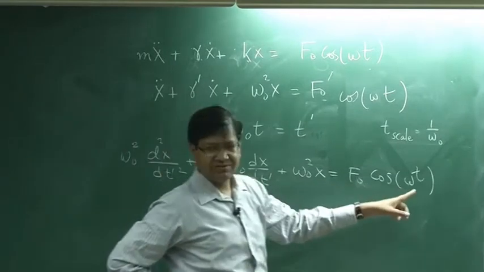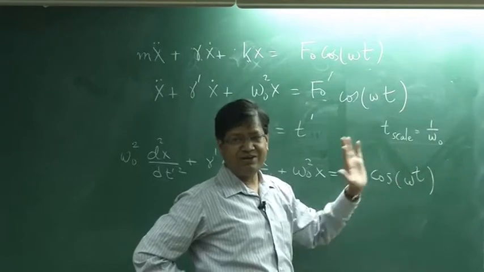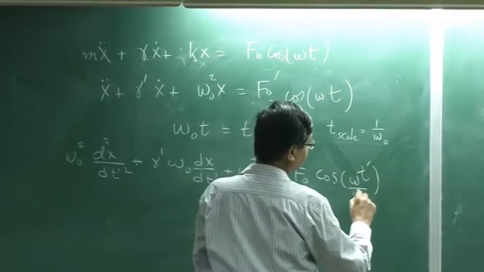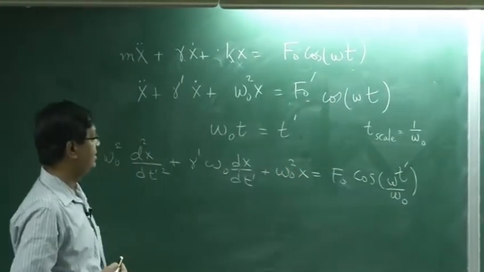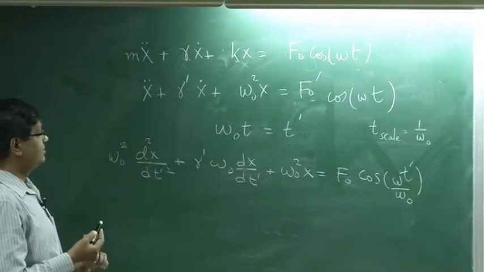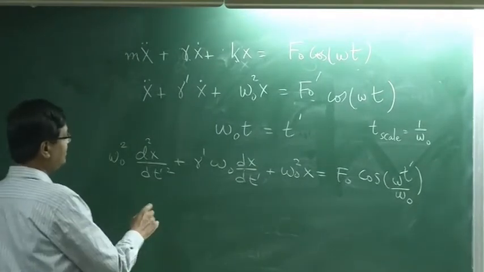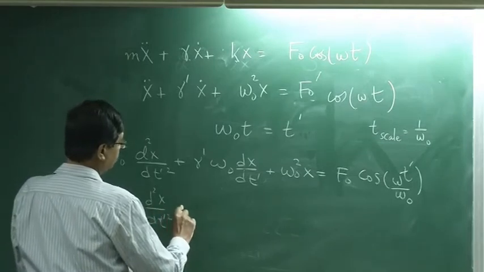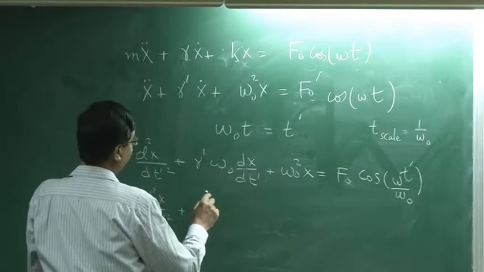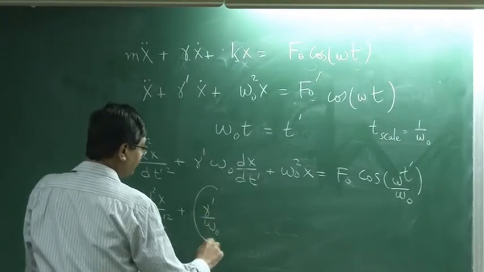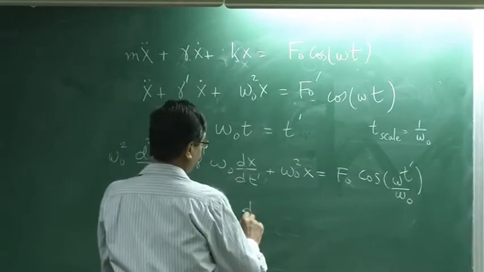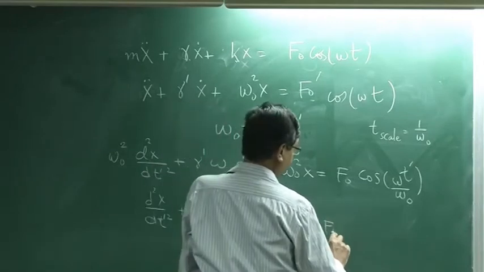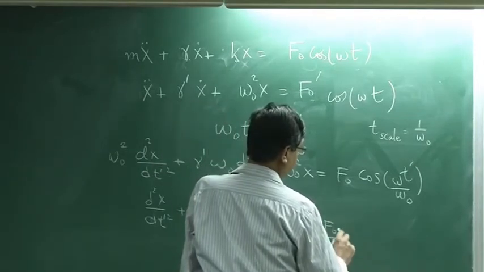The t should be replaced, now only t prime should be there, so this should be t prime times omega naught. So I get d squared x by dt prime squared plus gamma prime by omega naught, this is one variable, dx by dt prime, plus x, equals f naught prime times cos.